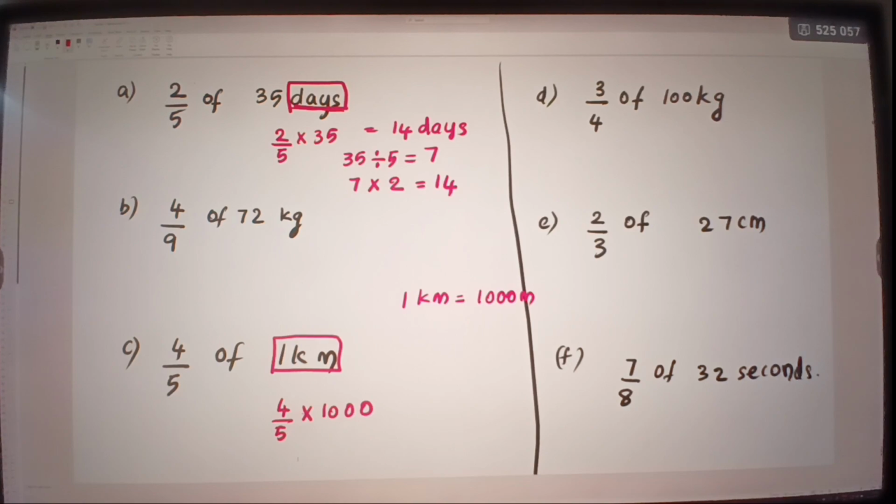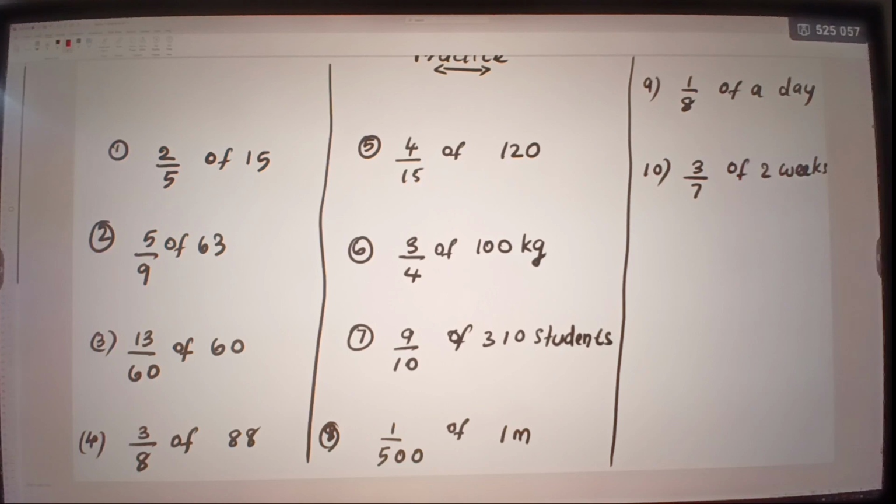When you divide 1000 by 5, you will get 200. Then that answer 200 times the numerator 4, you will get 800. So what is the answer? 800 meters. So you can do B, D, E and F. You can do these also as practice problems.